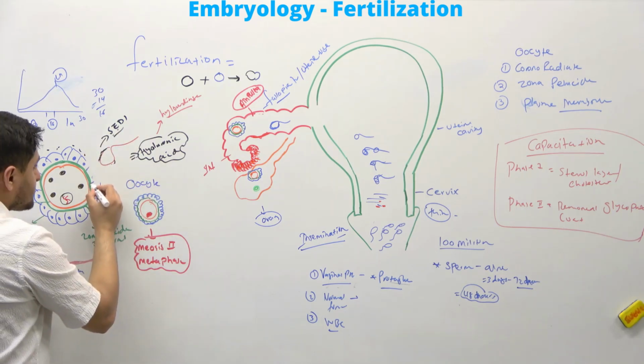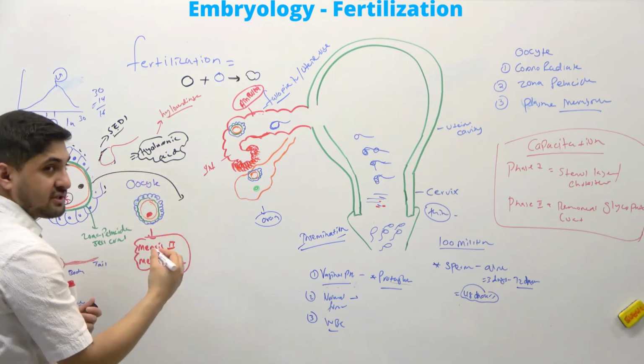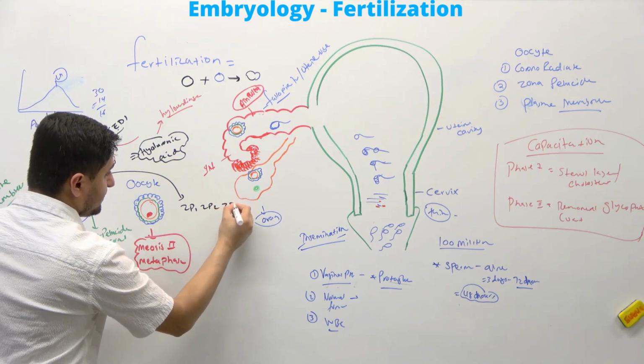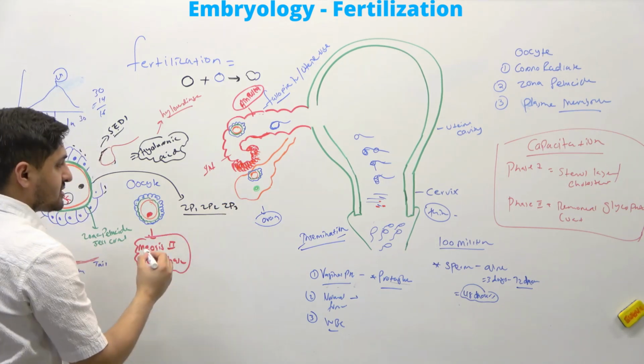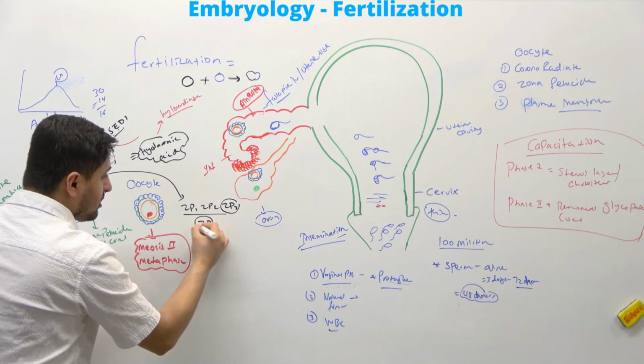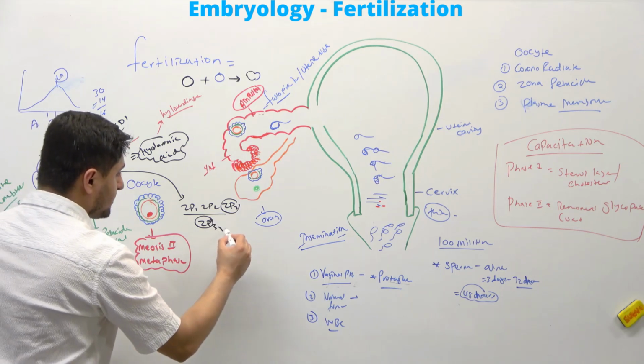And in the zona pellucida there are glycoprotein layers, right? These are usually ZP1, ZP2, ZP3, the different layers. You have to remember ZP3, because this is called the sperm binding protein, another name is sperm binding protein receptor.